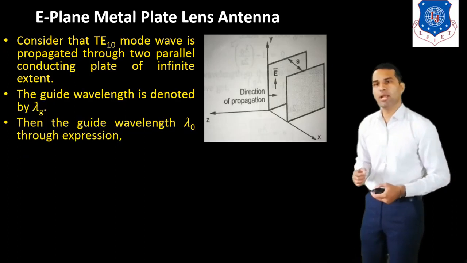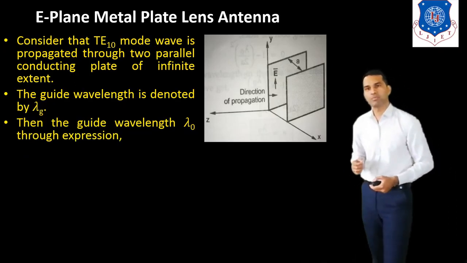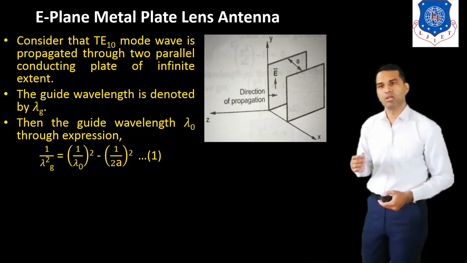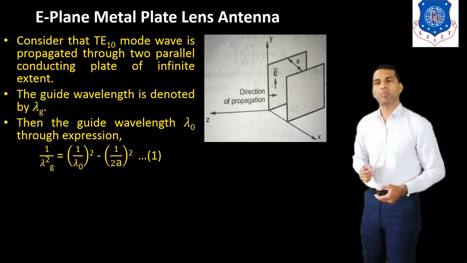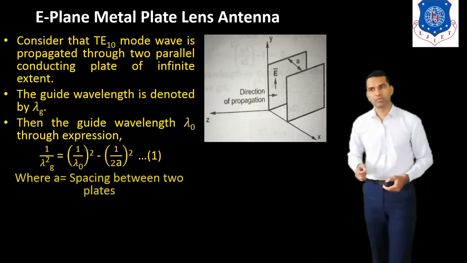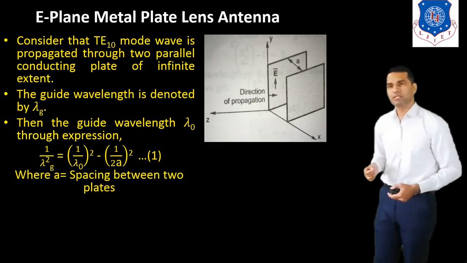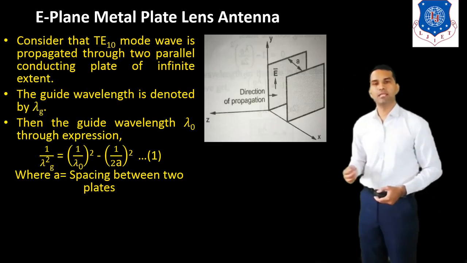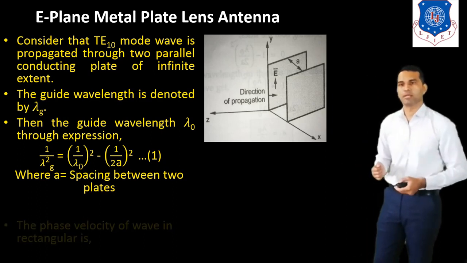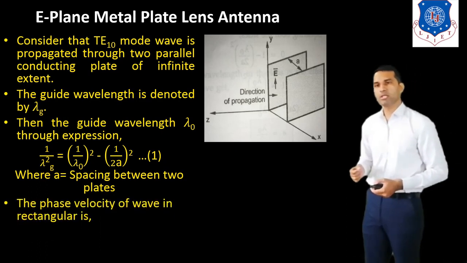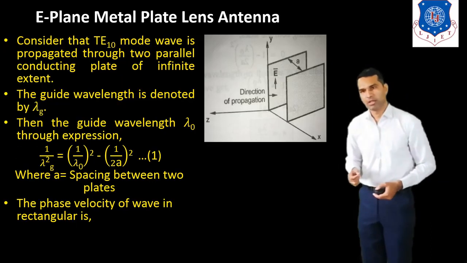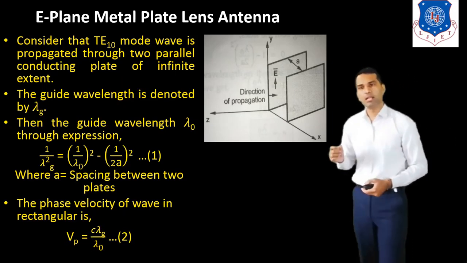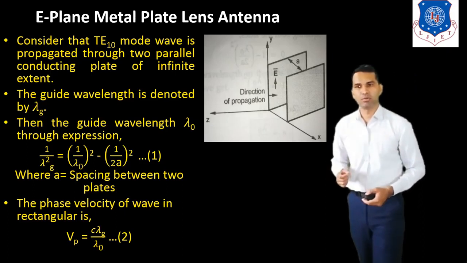Then the guide wavelength is related to λ0 through the expression 1/λg² = 1/λ0² - 1/(2a)², where a is the spacing between the two plates. So a indicates the spacing between these two plates. The phase velocity of the wave in the guide is given by Vp = C λg/λ0.